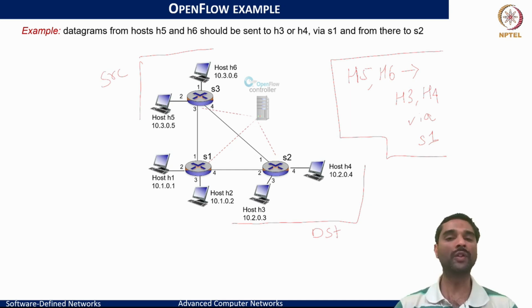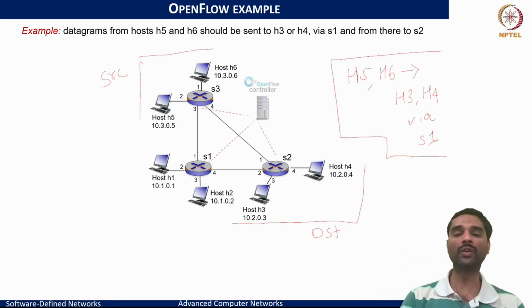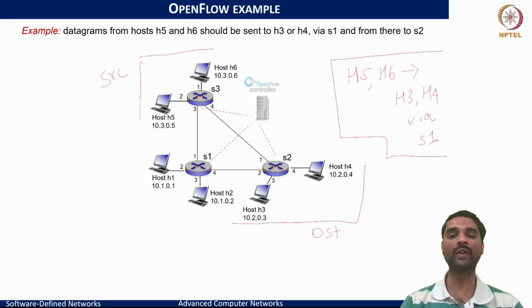And how this would reflect back as updates on the OpenFlow rules from the network operating system, let's try to look at this. So if we have such an intent given, then the OpenFlow controller needs to set the corresponding rules on each of the intermediate routers. That's primarily at S3, S1 and S2.